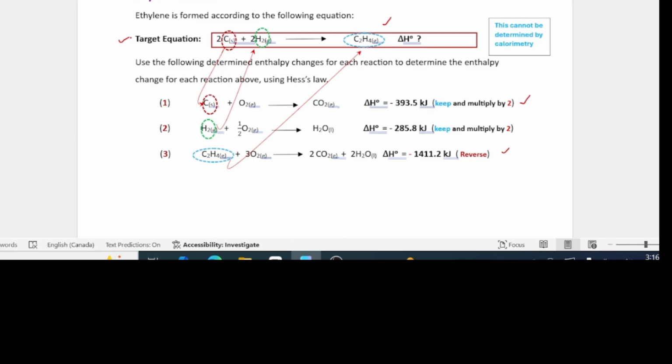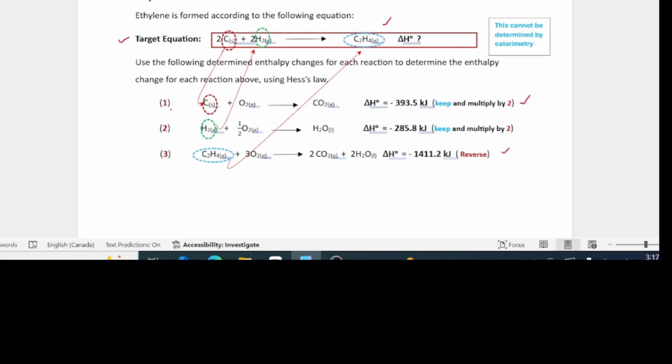So the next challenge for us is, how do we manipulate these equations here such that we end up with this target equation? We inspect these equations here to see if any of them contains one of the species that is present in the target equation.